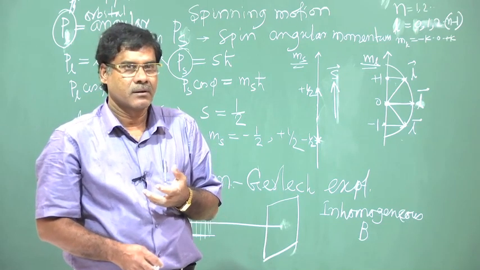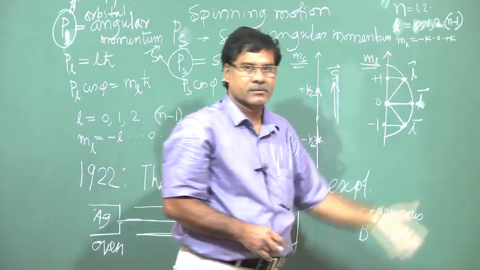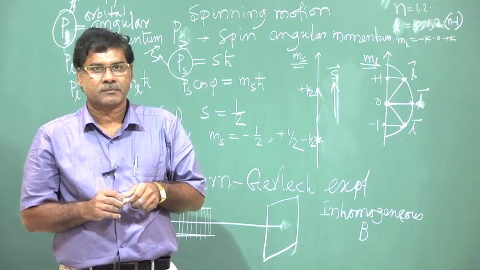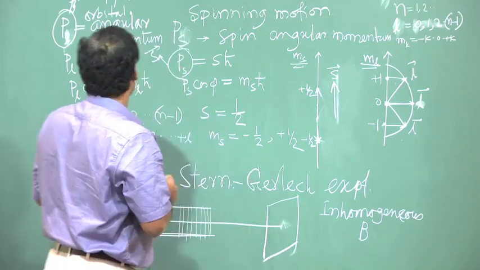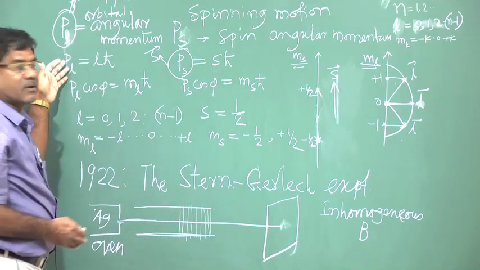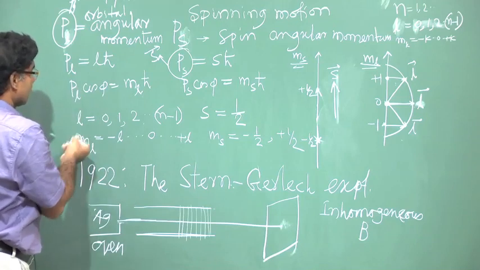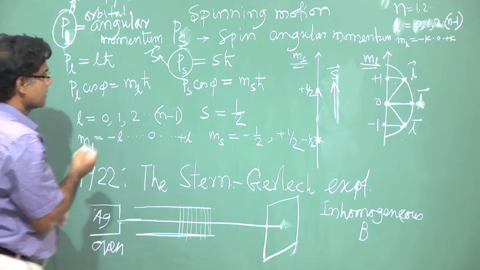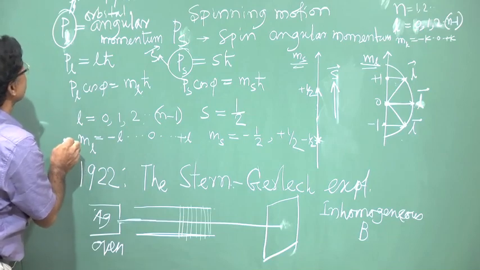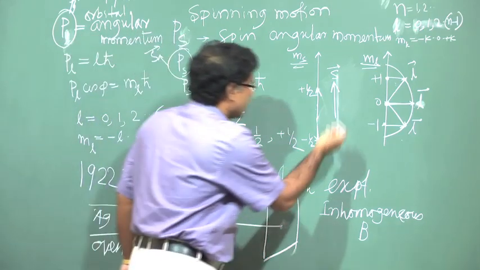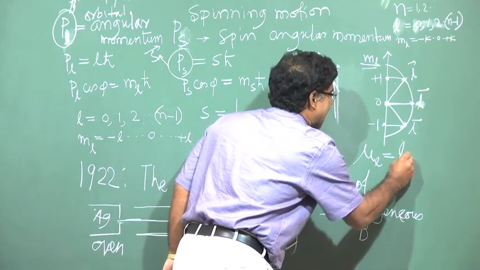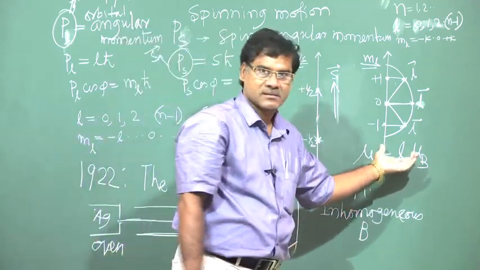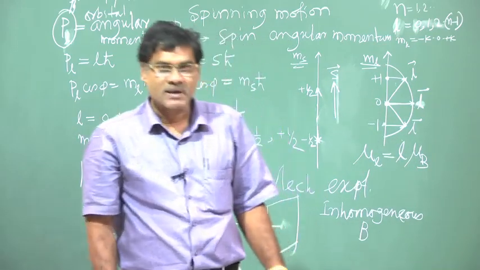But we have already seen that atoms have a magnetic moment because of the orbital motion of the electrons, so we got mu L. We have seen this mu L is L mu B. It is quantized in terms of mu B, and that is what let us explain the normal Zeeman effect.